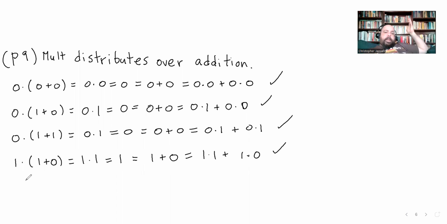Right, and again, by commutativity of addition, that's the same thing as 1 times 0 plus 1. We can just skip that example. What am I missing? 1 times 1 plus 1.